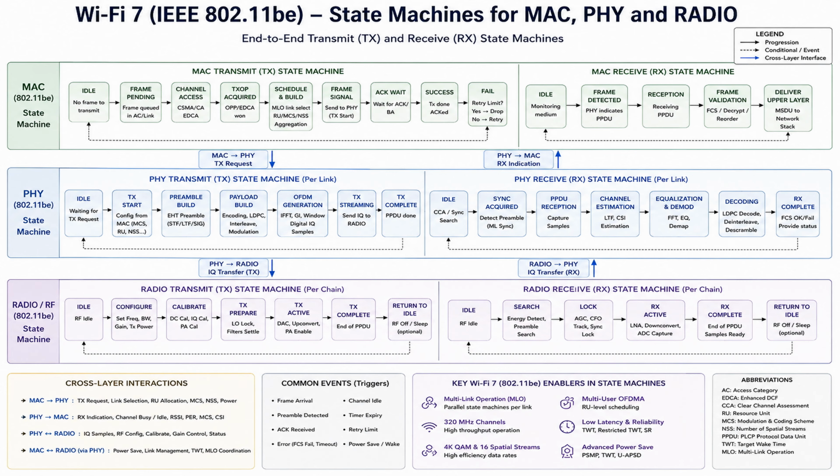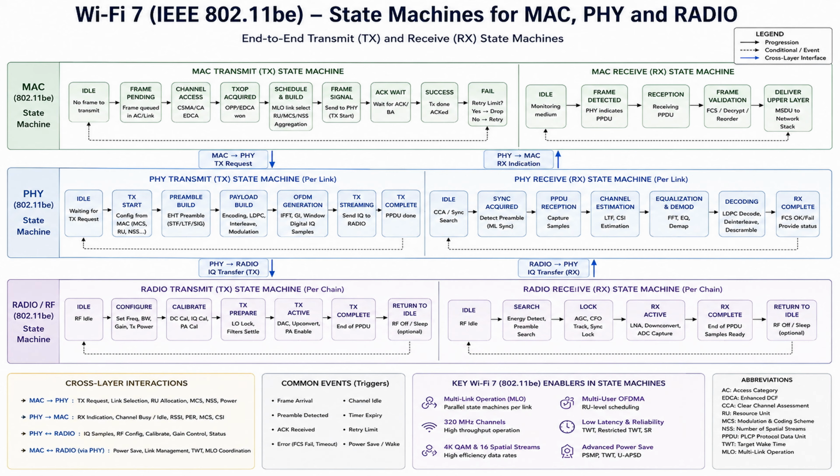You can see them explicitly. MAC hands the PHY a TX request. The PHY hands the radio IQ samples, and on receive, everything flows back up as RX indications. That bottom left box spells out exactly what crosses each boundary.